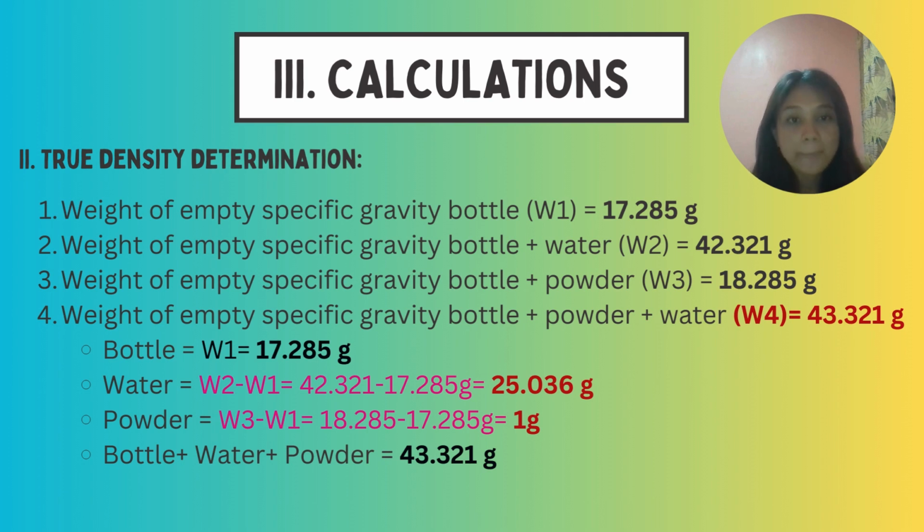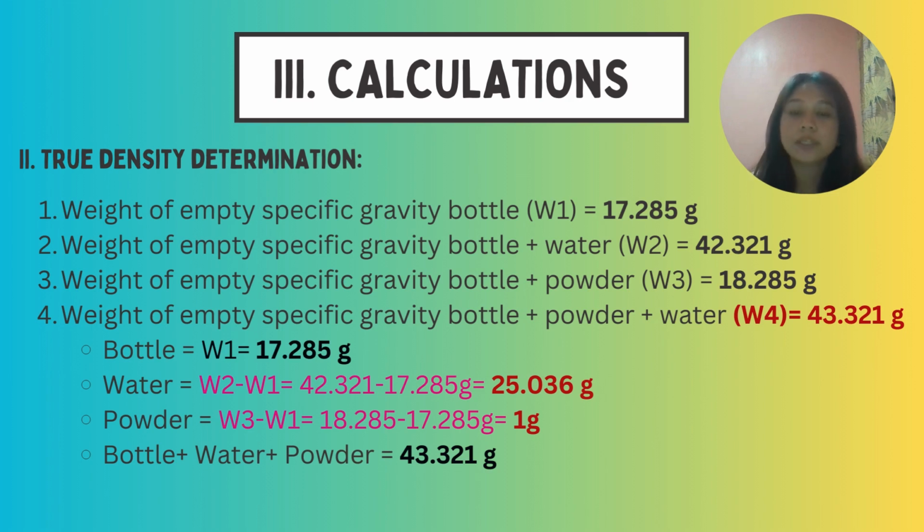18.285 grams. And then for the weight of the empty specific gravity bottle plus powder plus water, which is our W4, we added the bottle, water, and powder. So in order, the value of the bottle, which is our W1, is 17.285 grams.